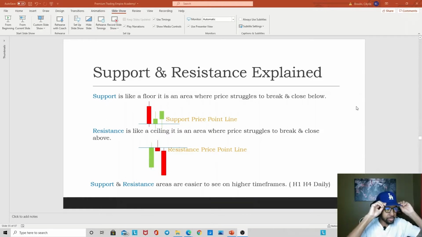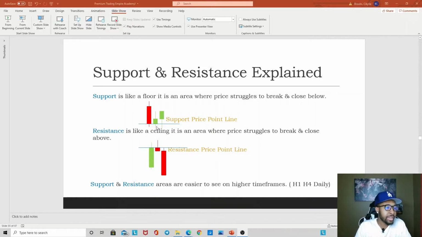All right, so support and resistance. Support is like a floor. It's an area where price struggles to break and close below. As you can see in this example, this blue line is the support price line, basically the support area.